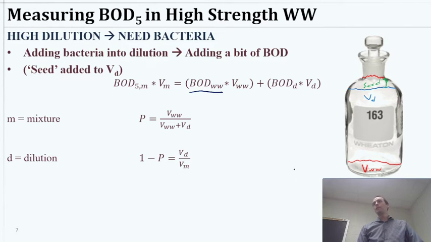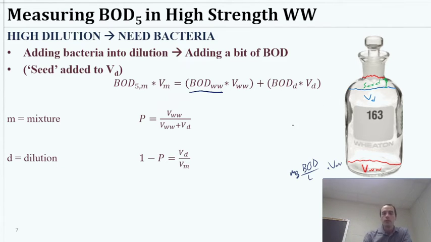So this is actually just like any of our mass balances where we say concentration times volume is giving us the mass, right? So the milligrams BOD per liter times the volume is going to give us the BOD of wastewater in this particular vessel, right?